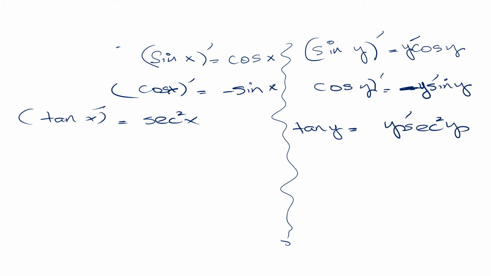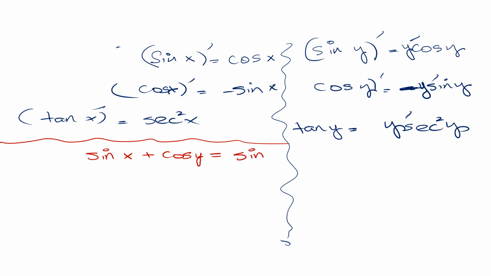and so on. Now let's try to understand how we can use this concept in solving a question. So let's suppose our question is sine x plus cos y equals sine y plus 8.